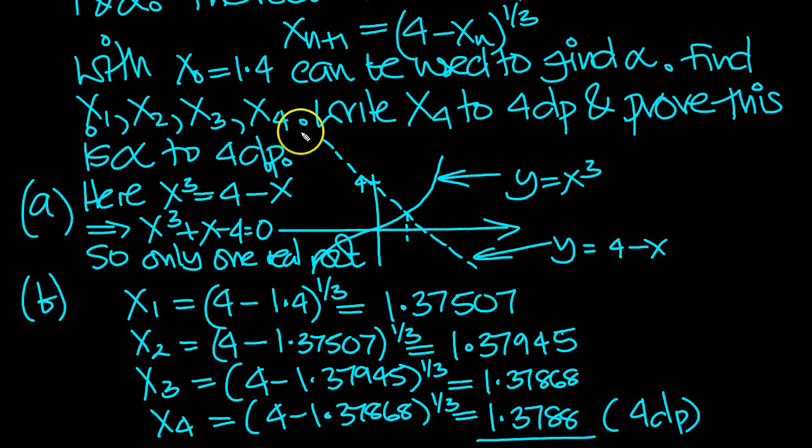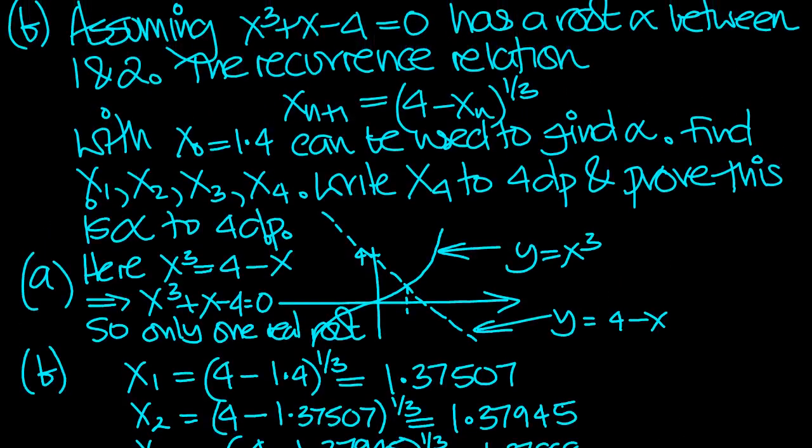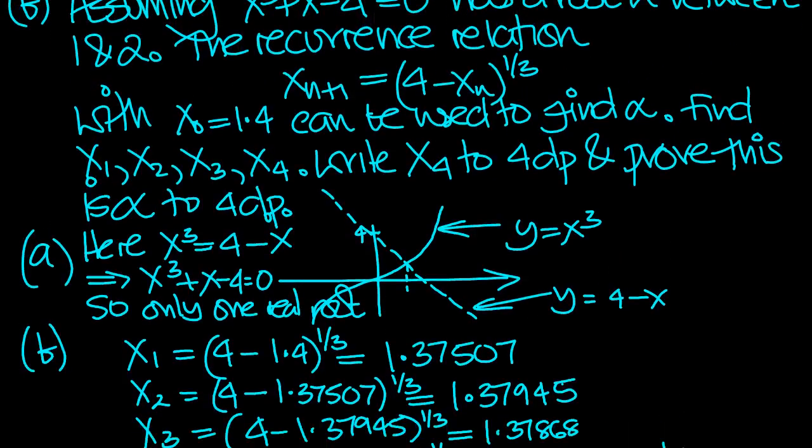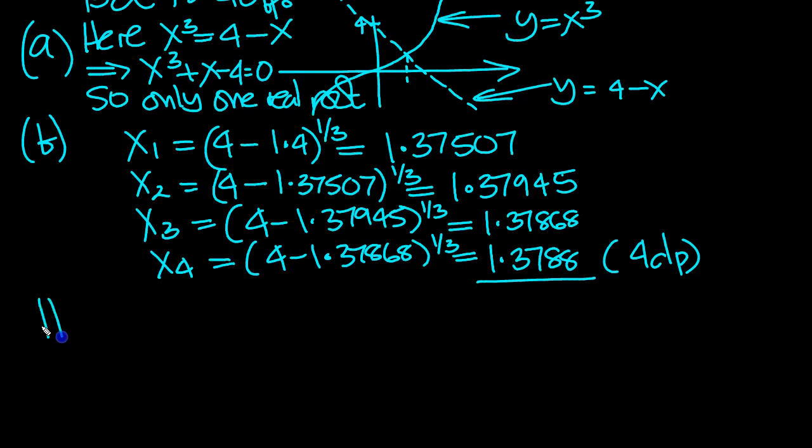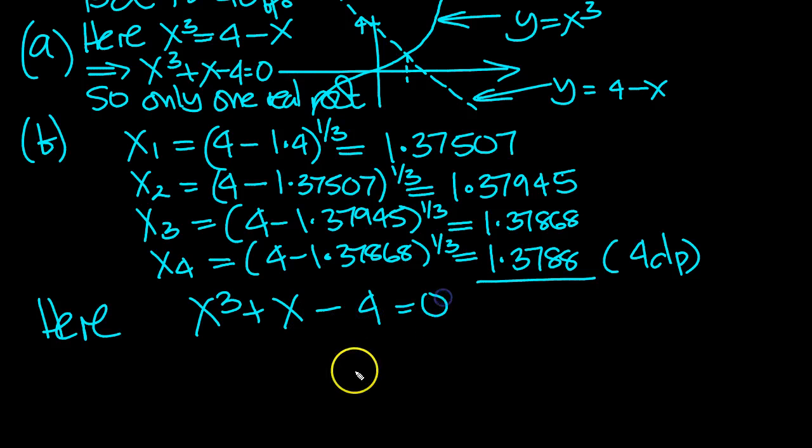So we now need to show that this is the solution to 4 dp, and prove this is alpha to 4 dp. So we need to turn our attention to the actual equation then, which is x cubed plus x minus 4 equals 0.